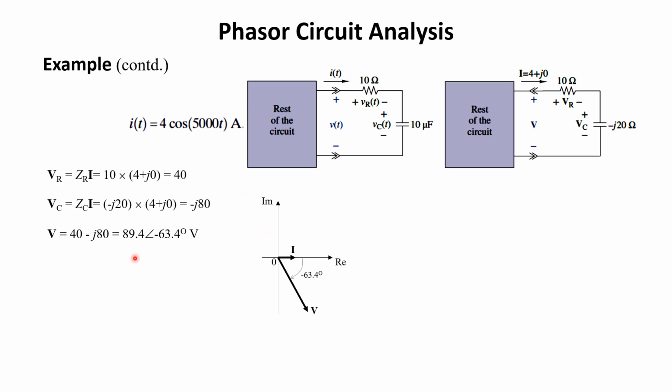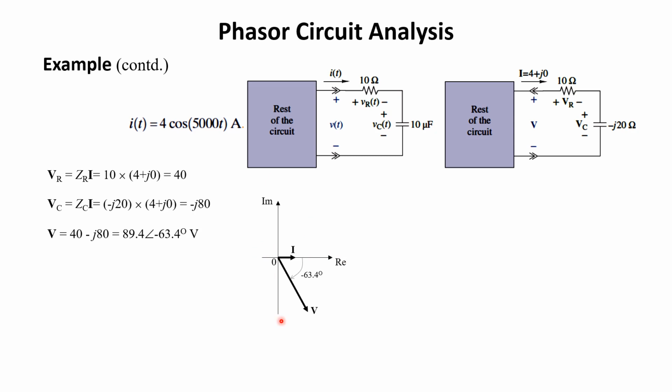So this current, we know the phasor current is 4 angle 0. So this is 4 with angle 0, which means it is 4 plus j0. So it is on the real axis, and this is the imaginary axis.